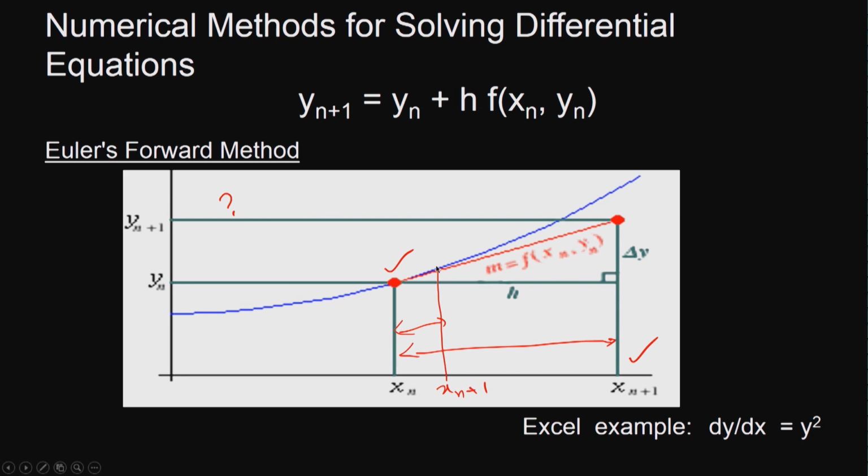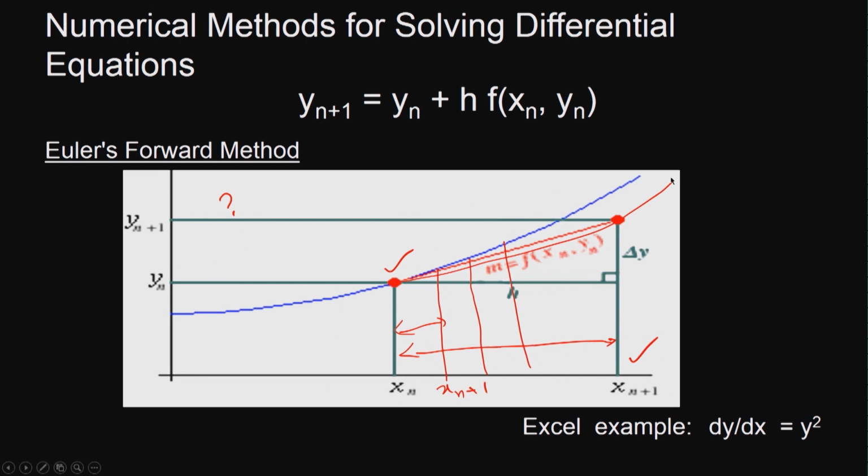But if your h is large, there is a lot of error in estimating y(n plus 1). This is the actual, whereas this is what the numerical method will tell you. So smaller the h, more accurately you can go along this graph. Larger the h, you may end up with this type of graph here.